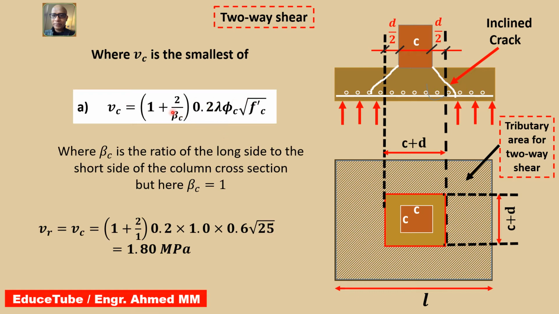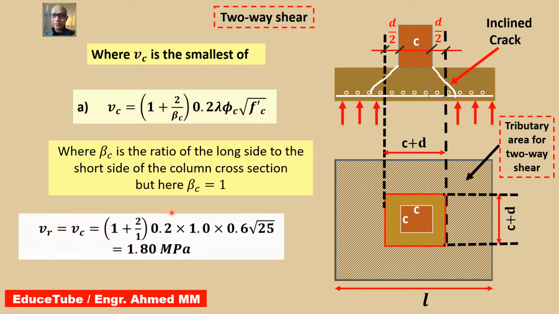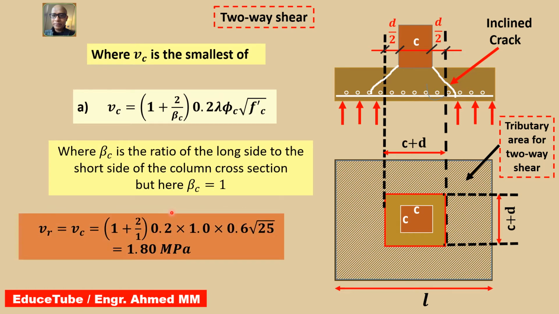We put beta c equal to 1, and the other parameters, lambda, phi c, square root of f'c, and we get VR or VC.